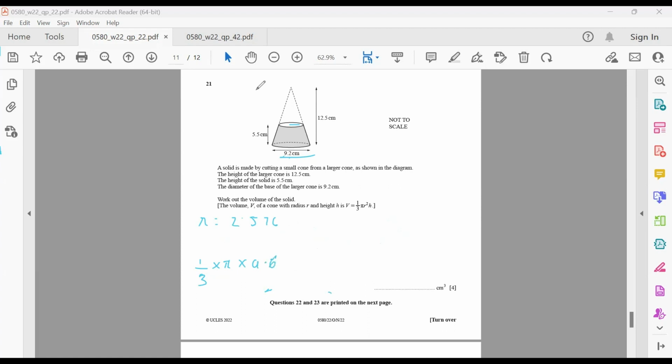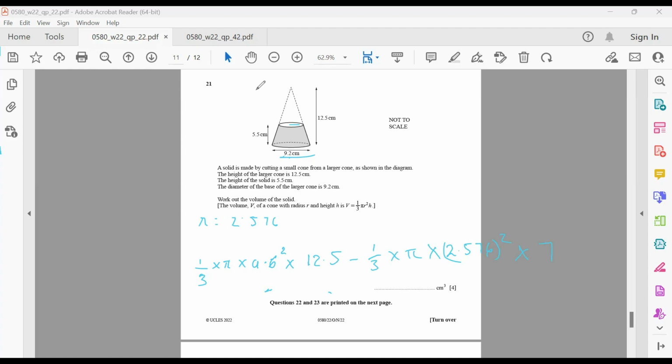So 1 by 3 into pi into 4.6 squared into height, which is 12.5, minus 1 by 3 into pi into the radius of the smaller one squared, which is 2.576 squared into the height, which is 7.